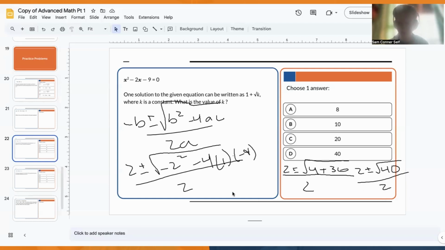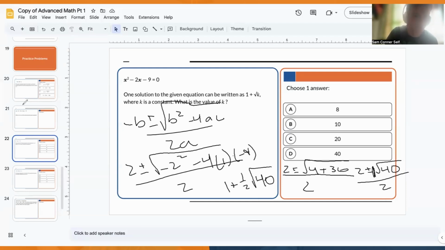So when you divide 2 out, remember that there's a 1 attached to this square root term, so it's going to be 1 plus the square root of 40 divided by 2. Yes, and then looking at these answers, so we know it's not going to be.